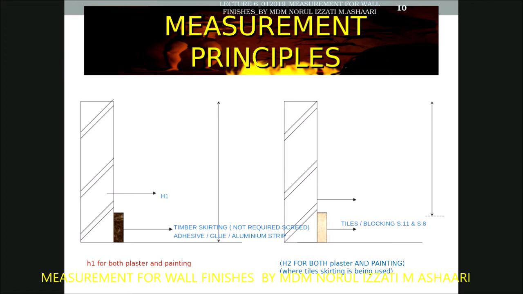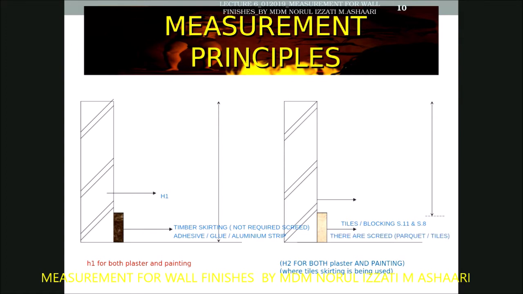I give you an example. If you use parquet, or clay, or tiles, whatever type of finishes that requires screed or in situ behind, or as a backing, then the height of the wall finishes will be H2.